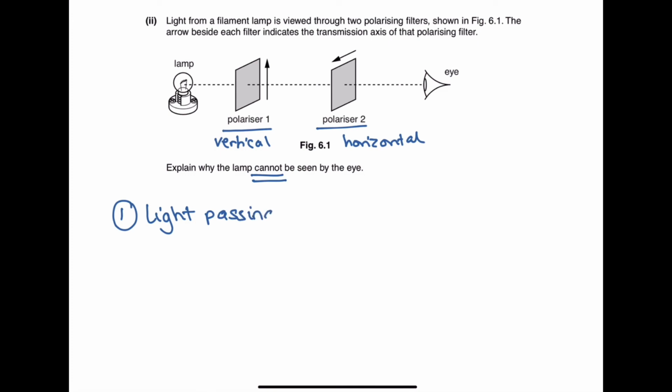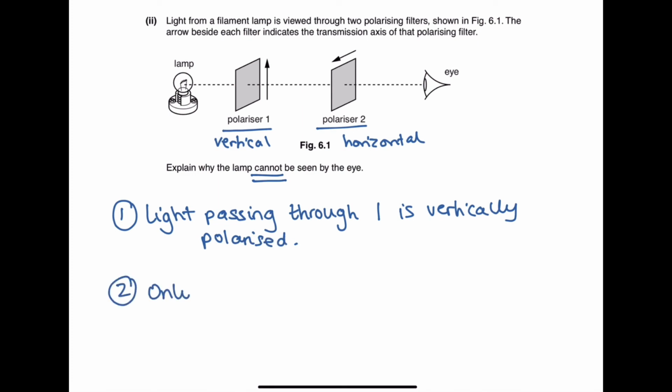So the first thing we could say is that light passing through the first polarizer will only have vibrations in the vertical plane. So that means that the light has been vertically polarized. So all of the light leaving polarizer 1 is vertically polarized. It only has vibrations in the vertical plane.